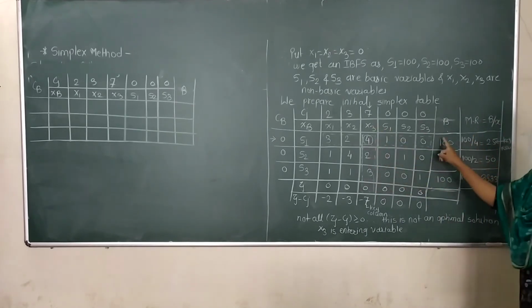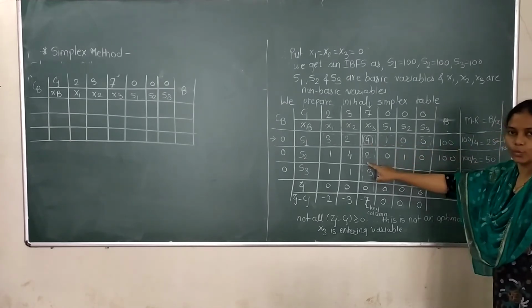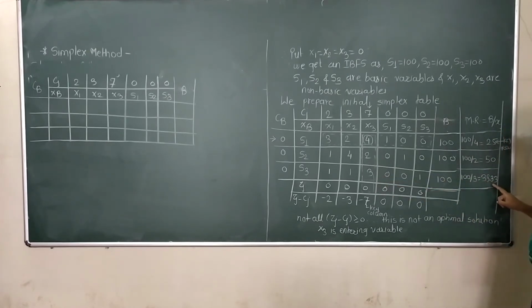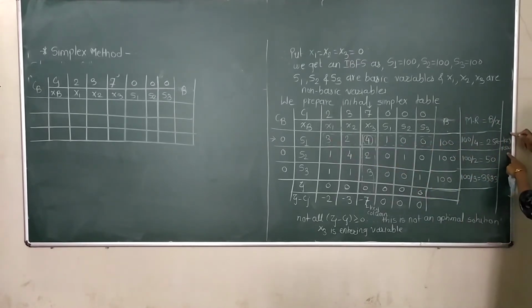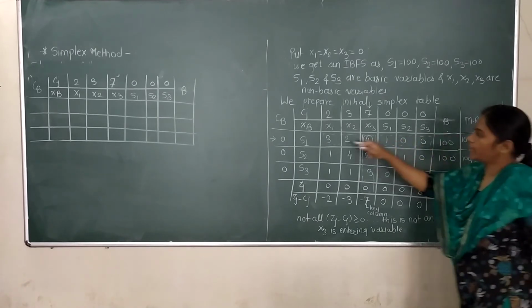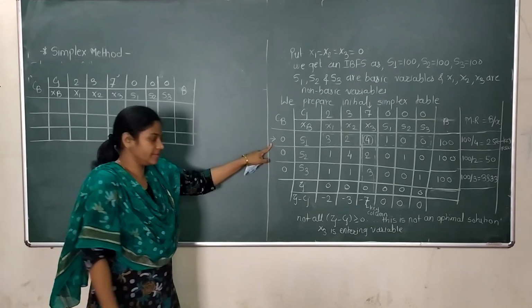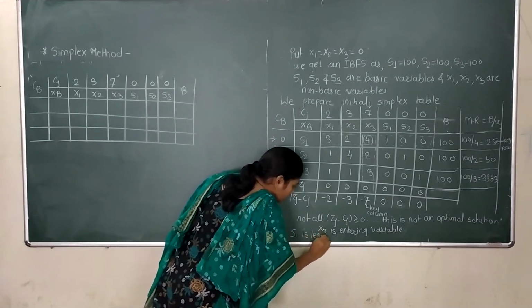So it is 100 divided by 4, it is equal to 25. 100 divided by 2, it is equal to 50. 100 divided by 3, it is equal to 33.33. Among these, the minimum ratio is 25, which corresponds to the first row. Therefore, the corresponding row is called the key row, and the corresponding variable is called the outgoing variable, or also called the leaving variable. So here S1 is the leaving variable.